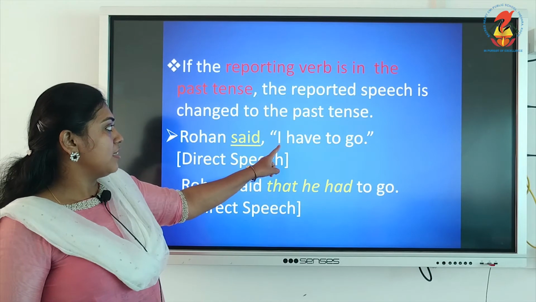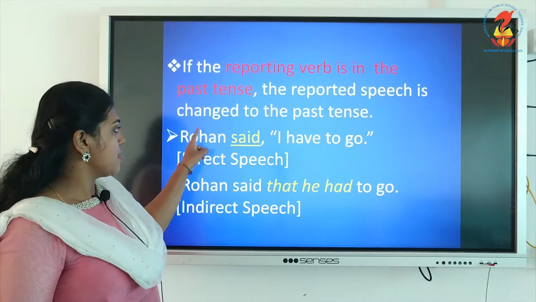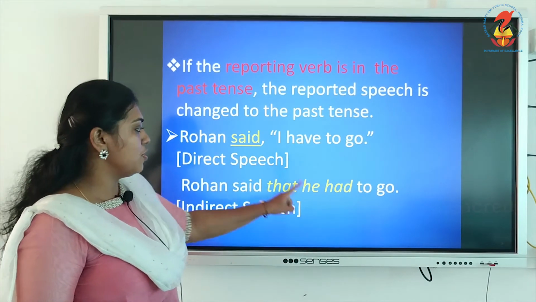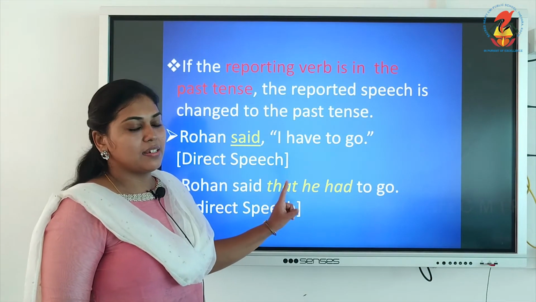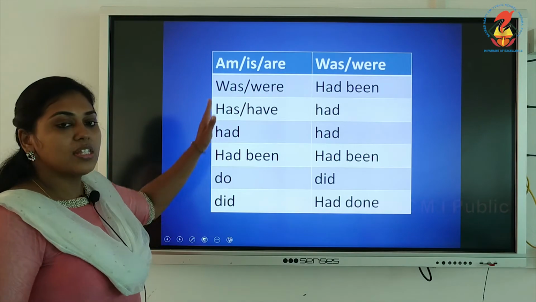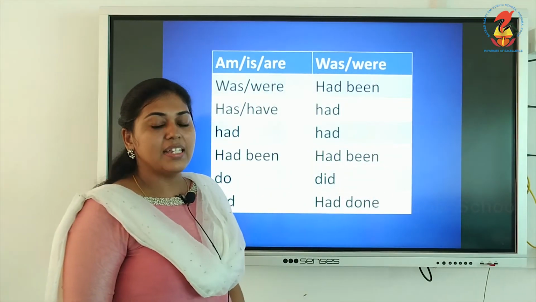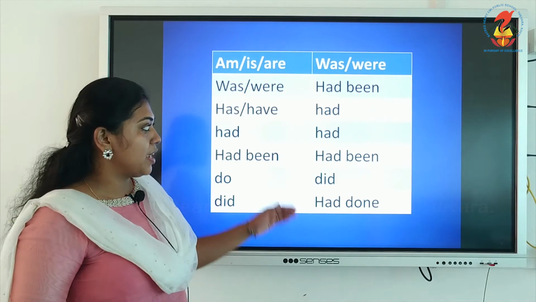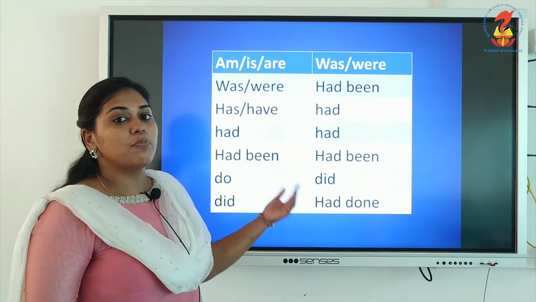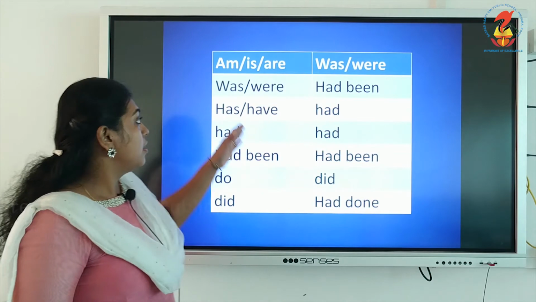We have to take the same person of the subject. What is the subject here? Rohan is the subject. So we have to replace it with the male pronoun he. So these are the changes that we have to make in tenses if the reporting verb is said.